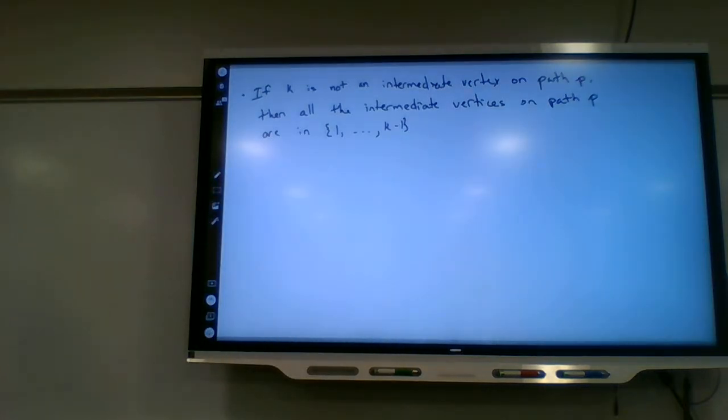Not earth-shaking. All the intermediate vertices came from the set 1 to k. If it doesn't include k, then everything came from 1 to k minus 1.